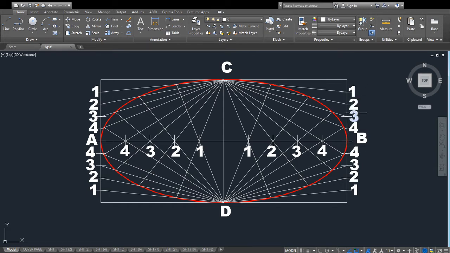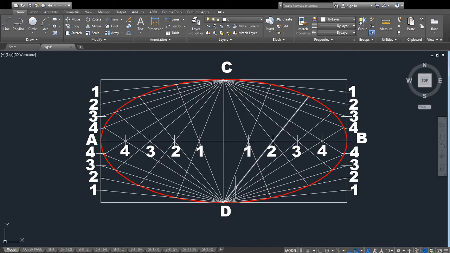Basically what we did was to draw a line from 1 to C, 2 to C, 3 to C, and 4 to C. We did the same thing this side and this side: 1 to D, 2 to D, 3 to D, 4 to D.